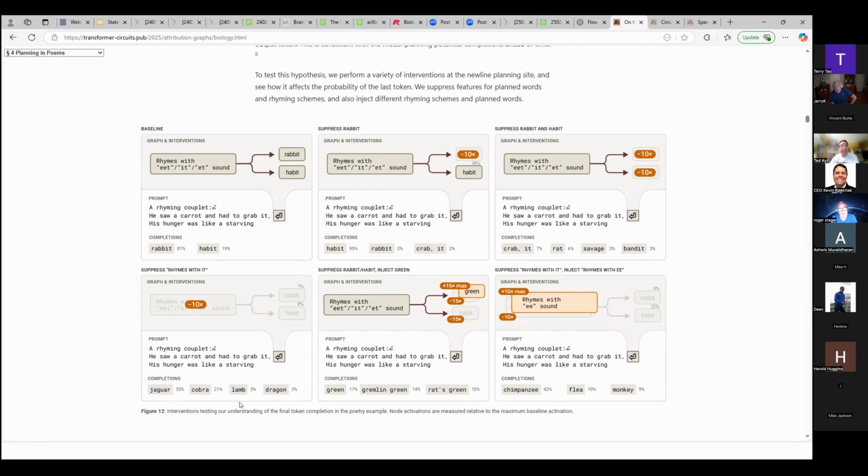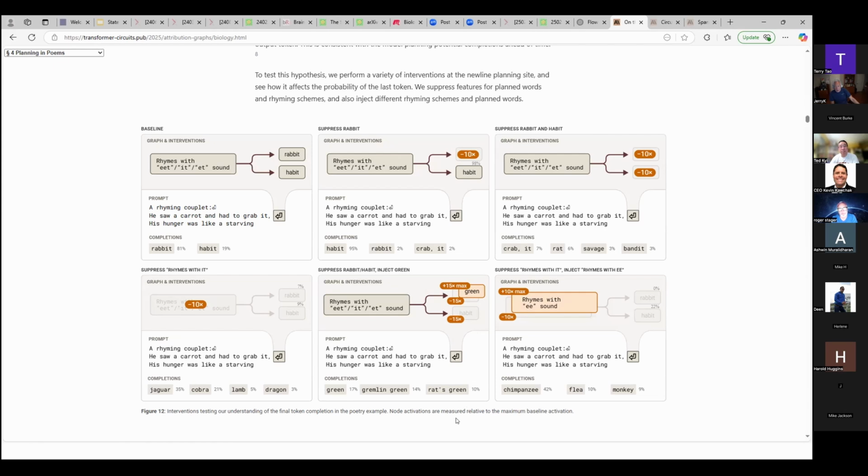It seems like the idea of "rhymes with words ending with eat, it, et" is definitely a mechanism internal to the LLM. What if we erase rabbit and habit, but we add the word green? And then we get green, gremlin green, and rats green. They don't necessarily make a whole lot of sense to me, but you can see that you're shouting at 15x, you can get the LLM to say "his hunger was like a starving green" or "a starving rat's green."